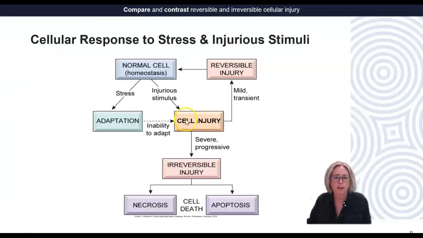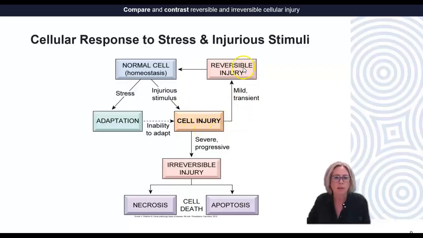And this little figure is going through this in the same way. We have a normal cell, it undergoes some kind of stress, it's able to adapt to that stress to a certain point, but then it reaches a point where it can no longer adapt, and that causes a cell injury. Or you might have a normal cell that undergoes a direct toxic, injurious stimulus that leads to that cell injury.